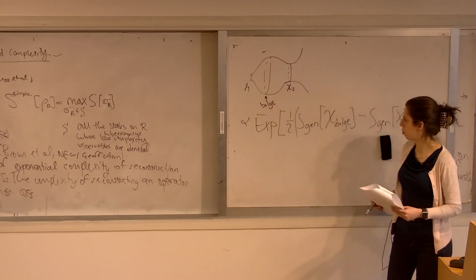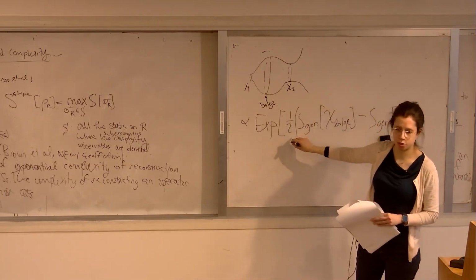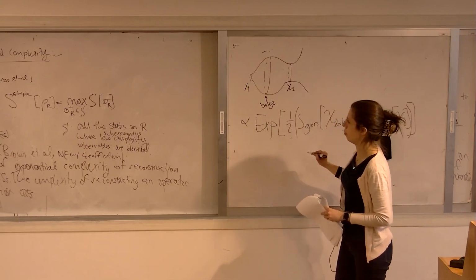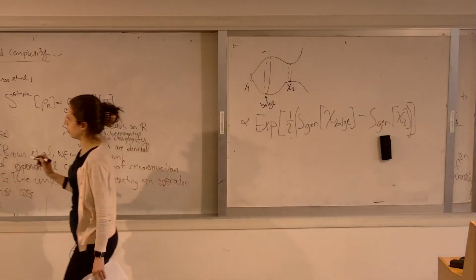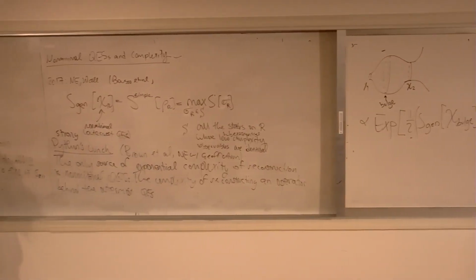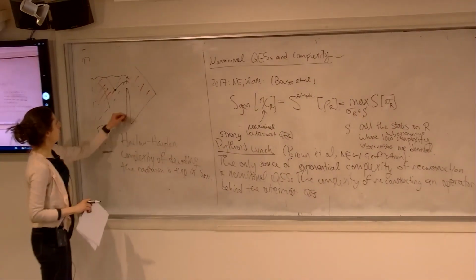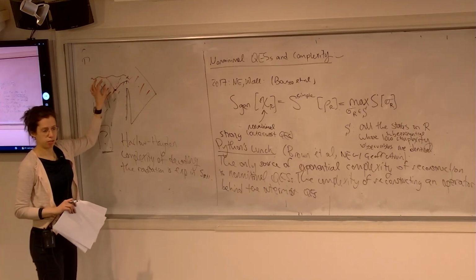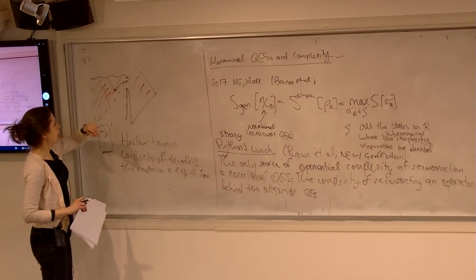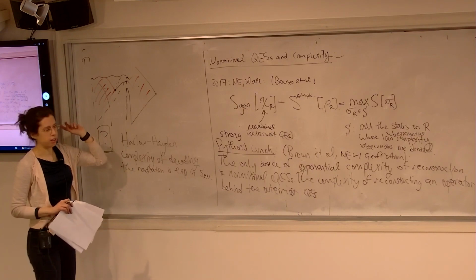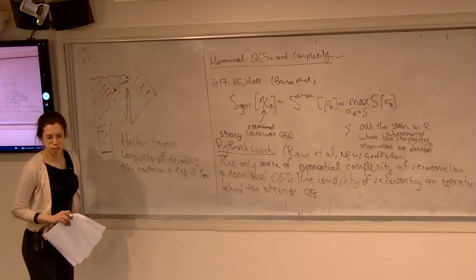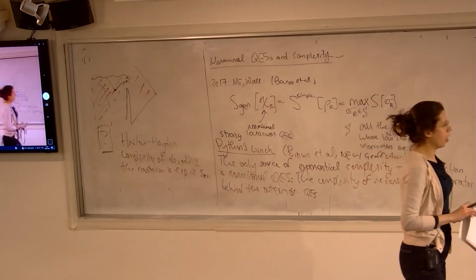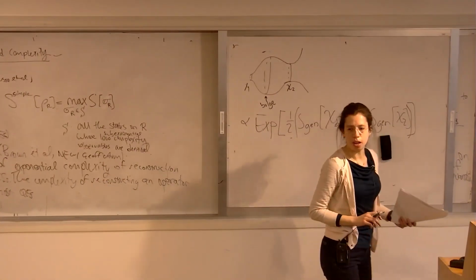I'm actually not 100% sure that I agree with this 1/2, but it comes from considerations where, in the case of the evaporating black hole, after the Page time, there is a non-minimal quantum extremal surface for the radiation. That's essentially this one over here. And in order to correctly reproduce Harlow-Hayden, you need that factor of 1/2. So that's where the factor of 1/2 comes from. Okay, I think I'm over time, so I will finish here.